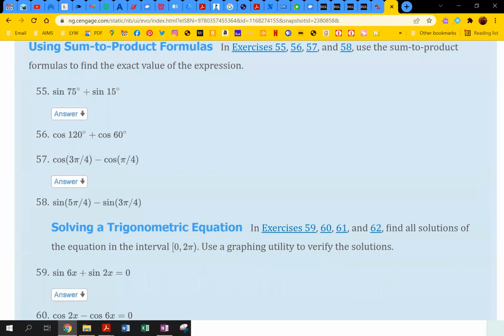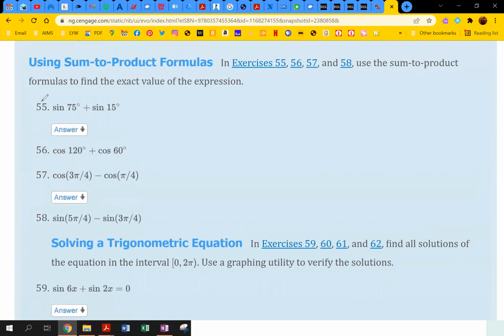If you were to go in the opposite direction, then something like number 55 over here, where you are given a sum and they want you to convert this into a product, or basically find the exact value as they're talking about here. So just very quickly on this guy.